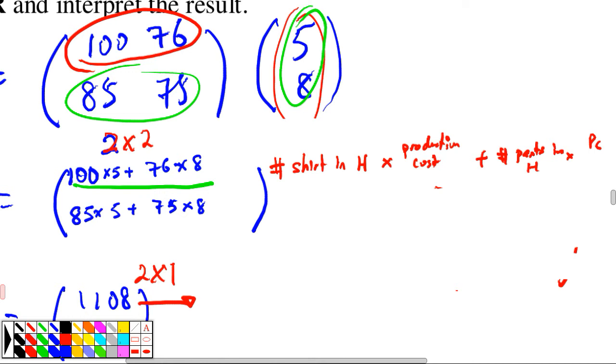Is it the number of shirt and pants or is it the production cost? Production cost. So the total production cost of shirt and pants sold in Hougang. Understand? So this one is total production cost of shirt and pants in Hougang.